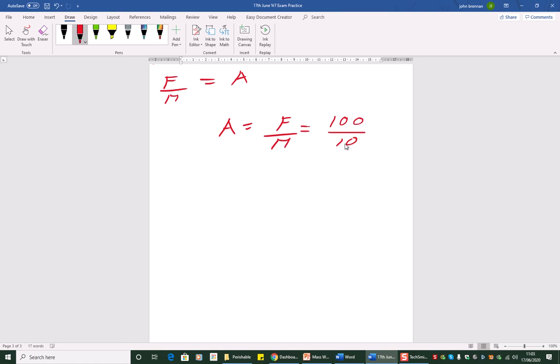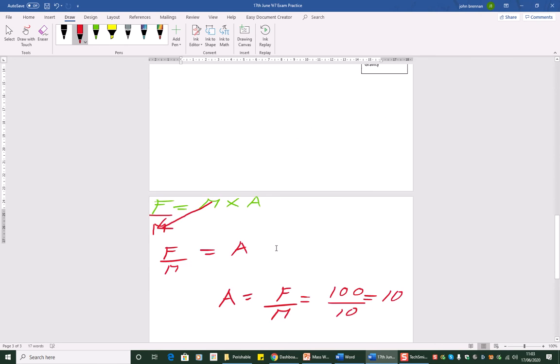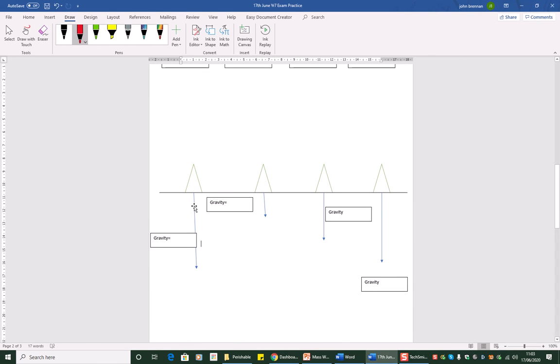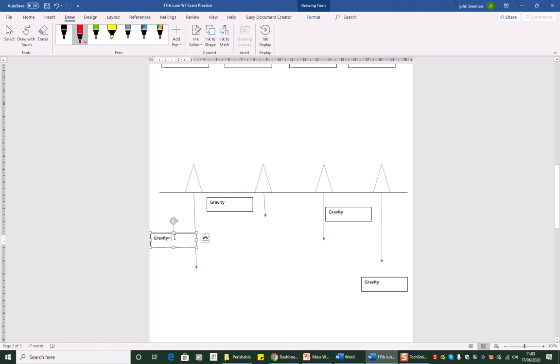Okay, and what answer? 10 into 100, we're going to get an answer of 10. Don't worry too much about the units right now, but the size of the gravity on the Earth is 10. So we go back up here, that's the Earth, and we can type into there 10.